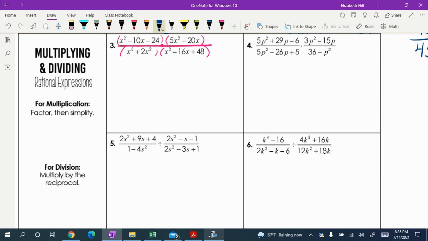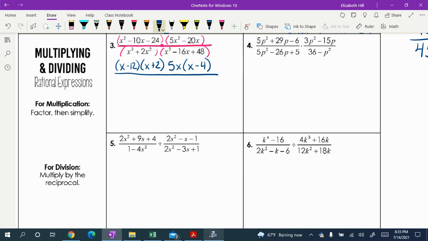So I'm going to start factoring things out right away. Right here, x squared minus 10x minus 24. So that's going to be x minus 12 and x plus 2. That's going to factor out 2. And the 5x squared minus 20x, I could take out a 5x and be left with x minus 4. So notice that's the entire numerator.